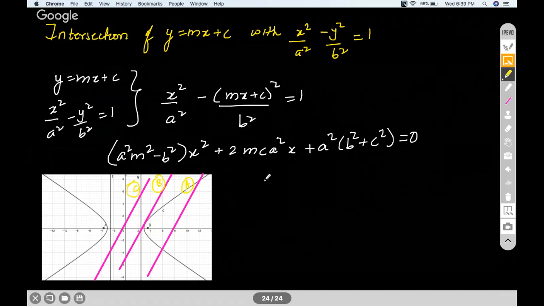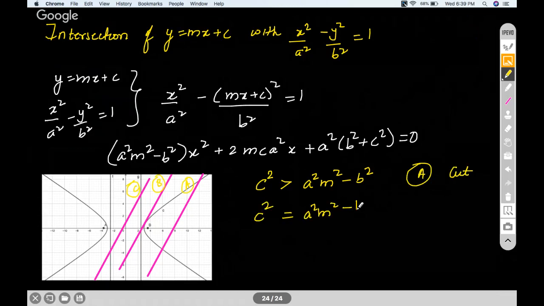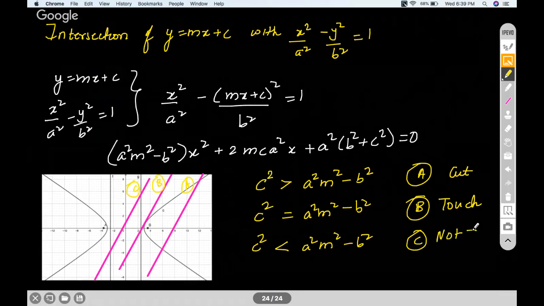If c square is greater than a square m square minus b square, it will be situation number A. That means it will cut the hyperbola. If c square is equal to a square m square minus b square, it will be situation number B. That means it will touch the hyperbola. And if c square is less than a square m square minus b square, it would be situation number C, that it will not touch the hyperbola.